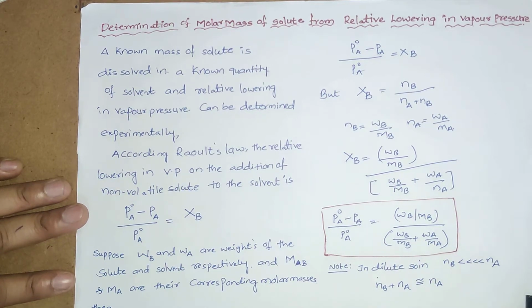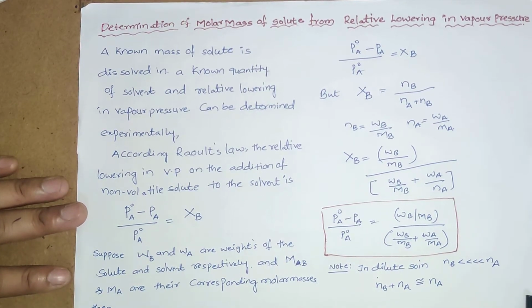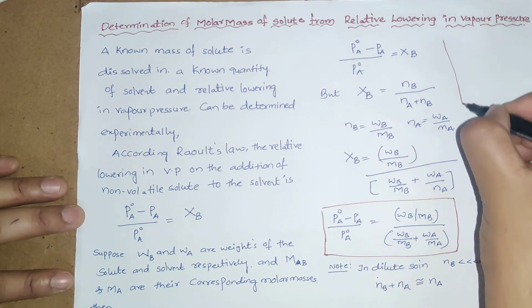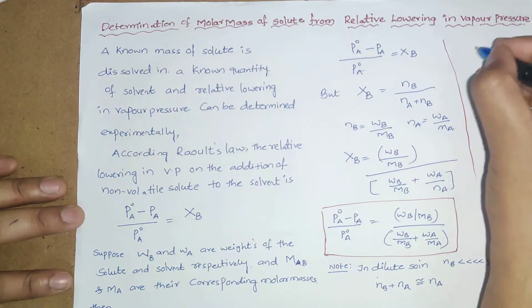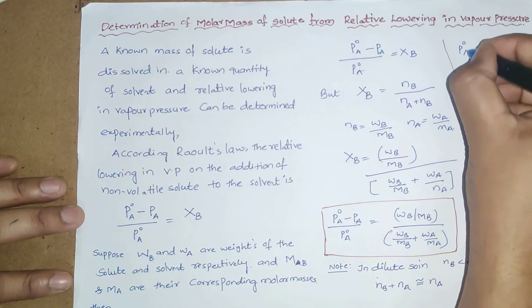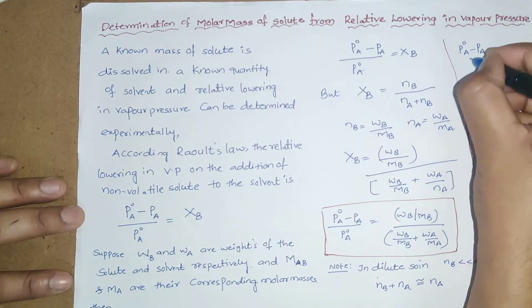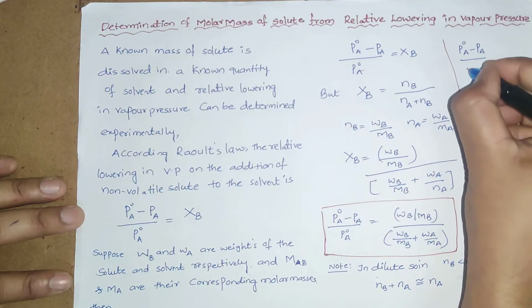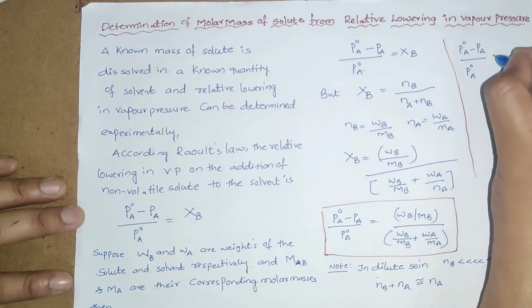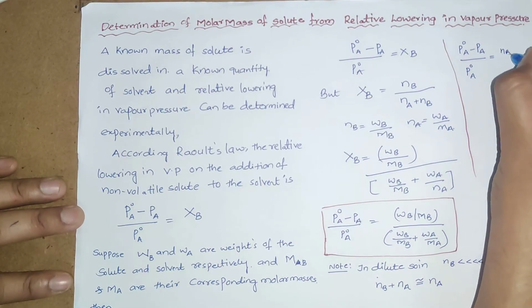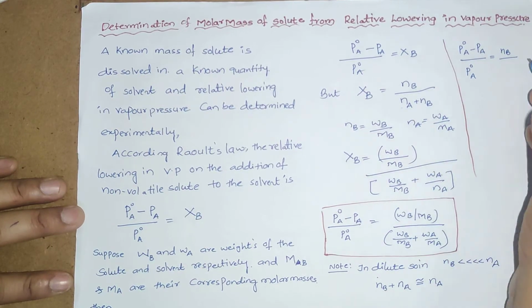Then what does the equation become? The equation becomes simply (P naught A minus Pa) by P naught A is equal to Nb by Na, since Na plus Nb means Na.